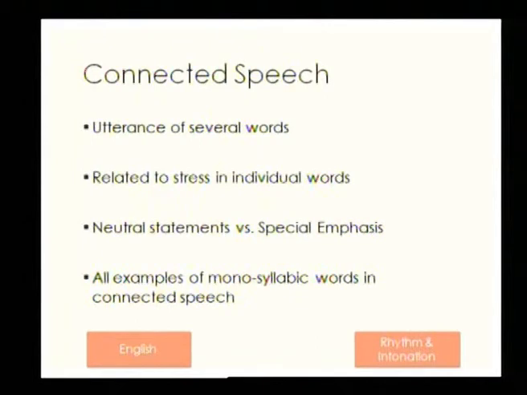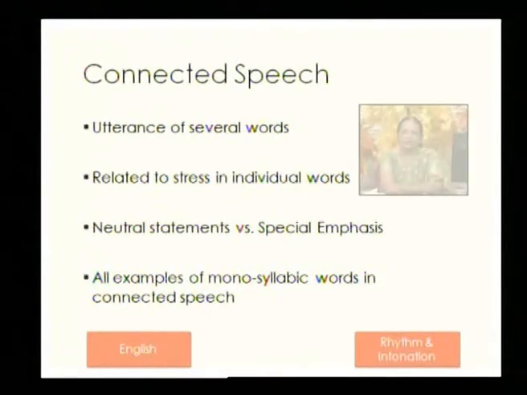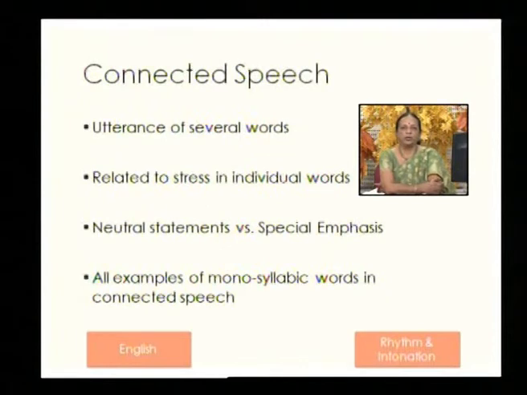So, can we try and define connected speech again? What is connected speech? An utterance of several words. It is related to stress in individual words. Okay? So rhythm and intonation is related to stress in individual words. Remember your lecture on word accent?